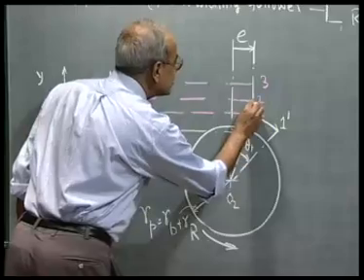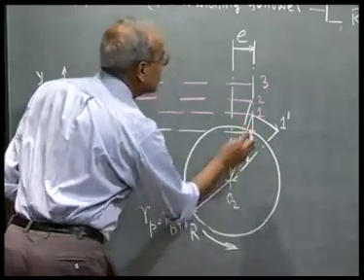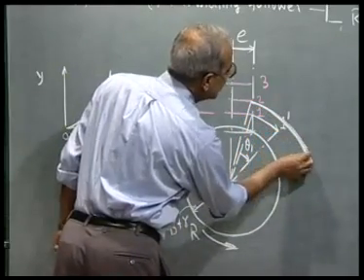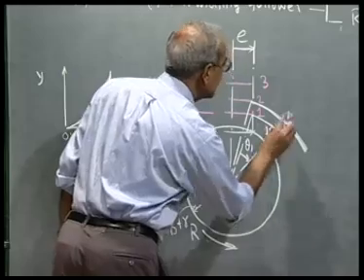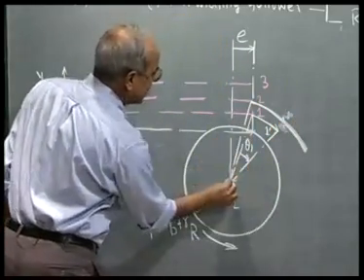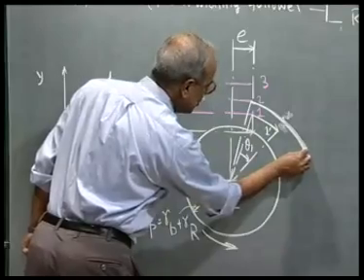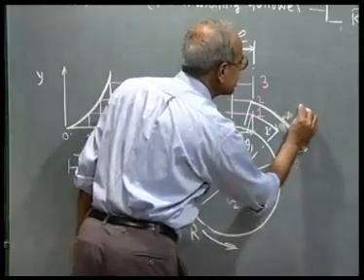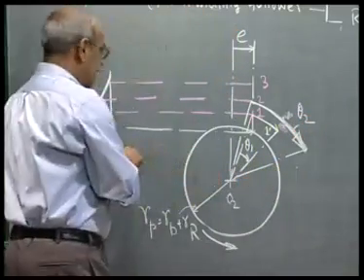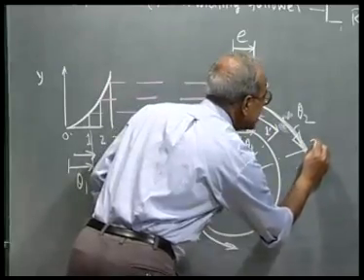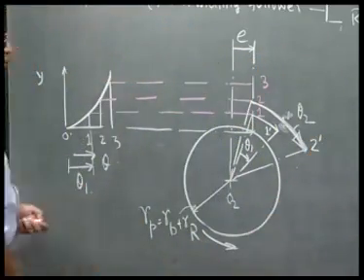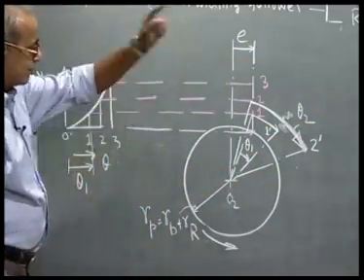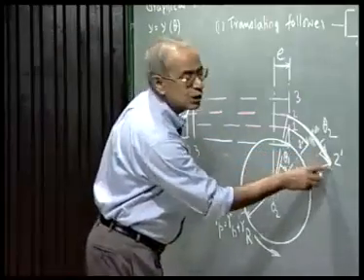Similarly, for this 2, I rotate about O2 this line O2A2 through an angle theta 2 in the clockwise direction, and I get the inverted position of this trace point as 2 prime. Similarly, I do for all the station points, namely 1, 2, 3, 4, like that. These are the inverted positions of the trace point.